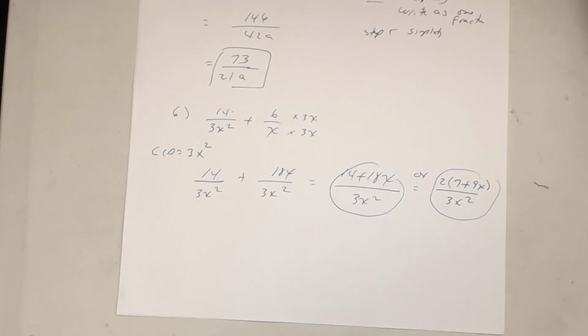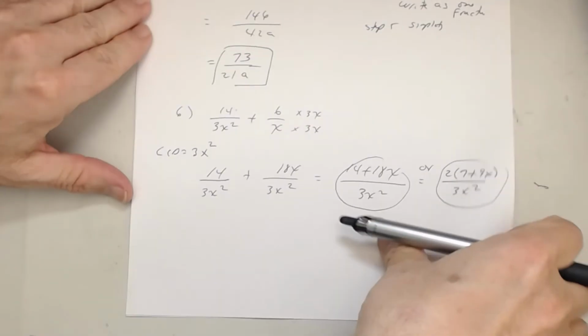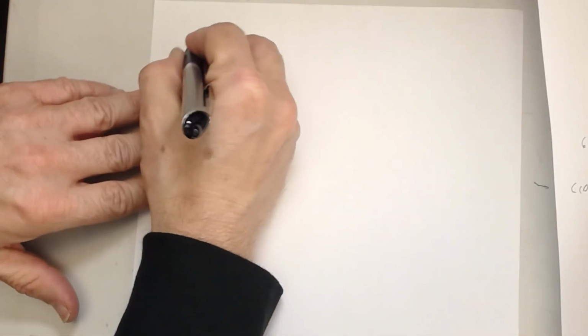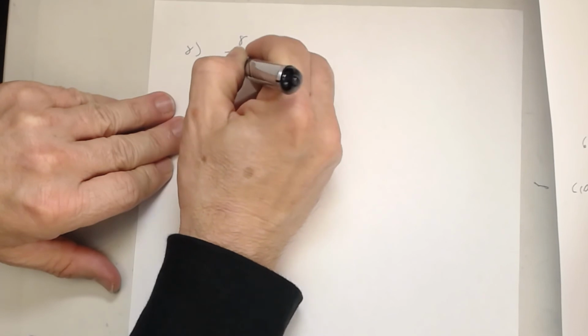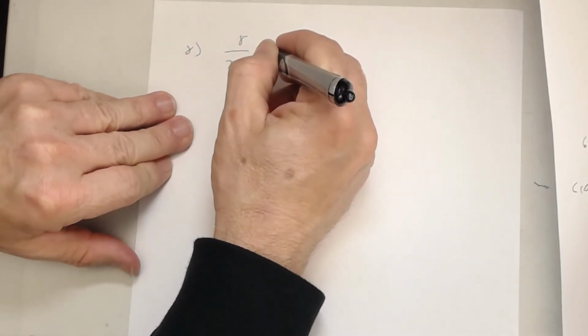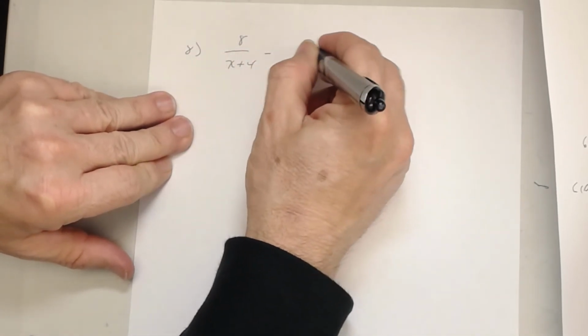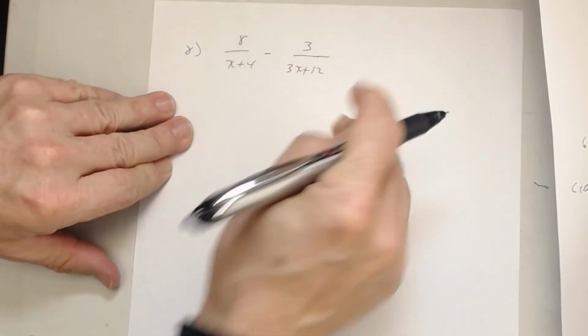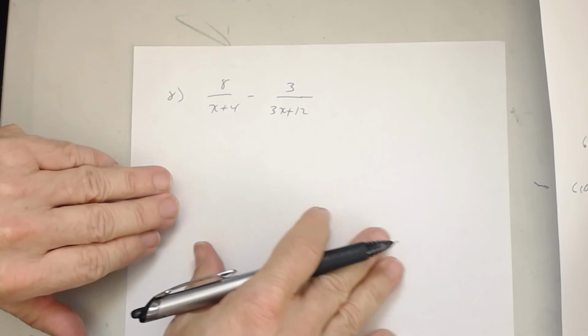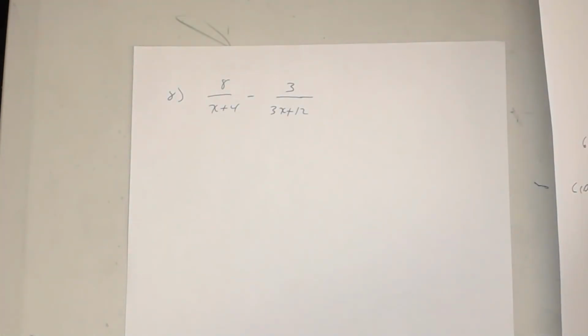Let's look at number 8. All right, look at number 8. You have 8 divided by x plus 4 minus 3 divided by 3x plus 12. All right.